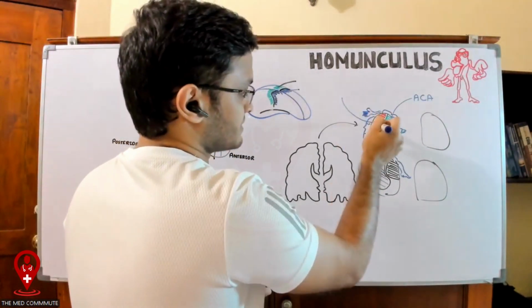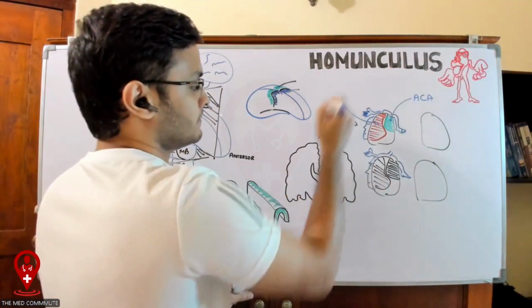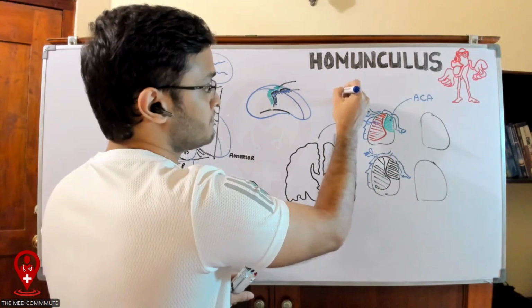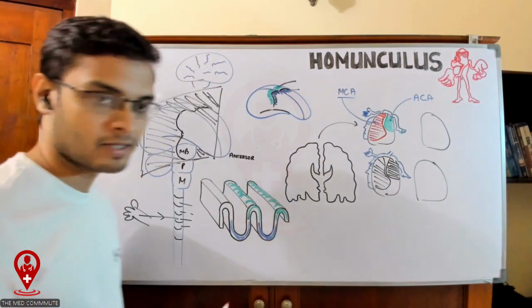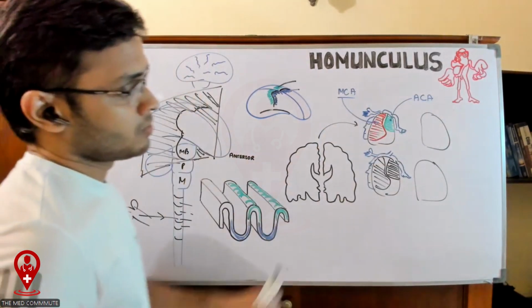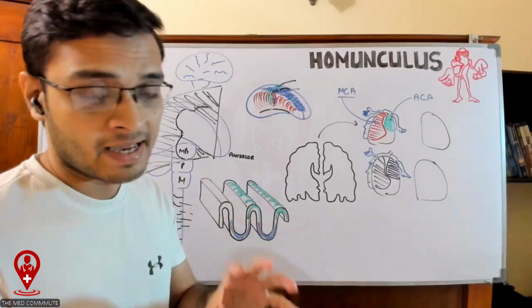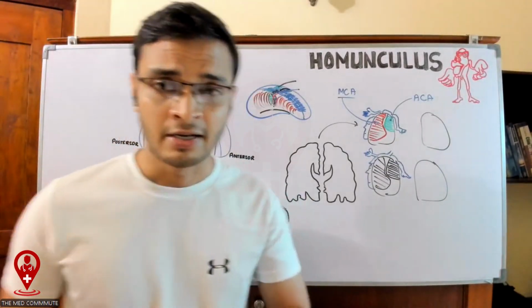And these areas, the lateral aspect, are supplied by the MCA, middle cerebral artery. So the ACA and the MCA. Now, we'll talk about the blood supply again in the stroke chapter. We'll use some diagrams as well so that you get a clear picture.